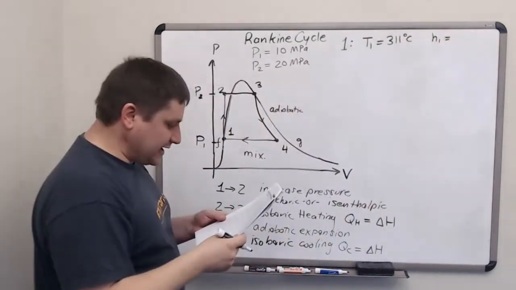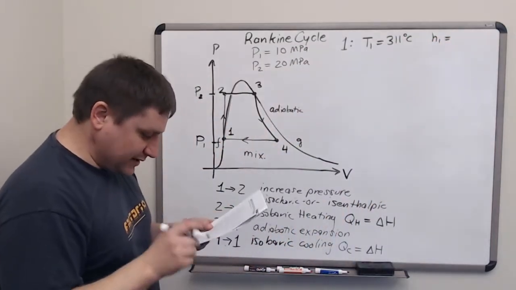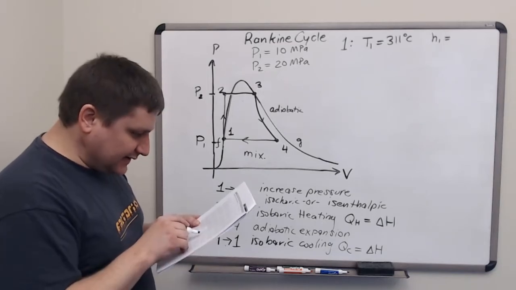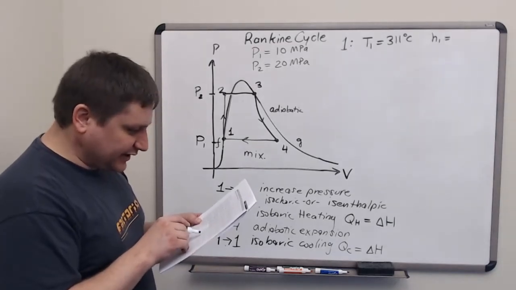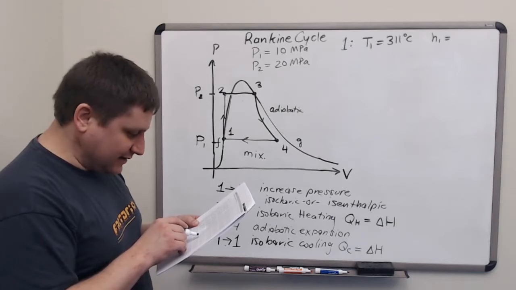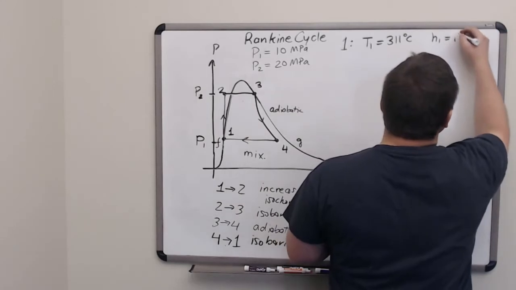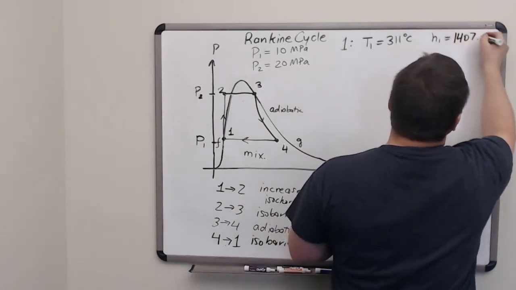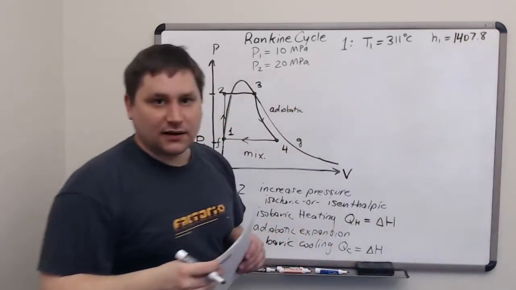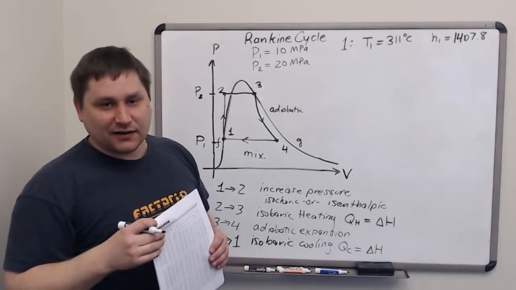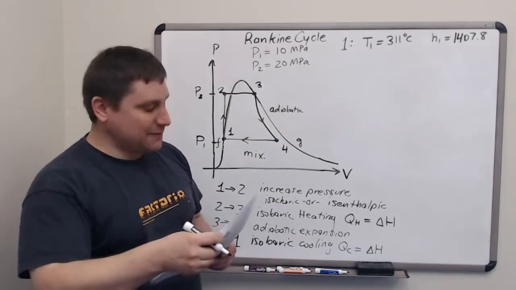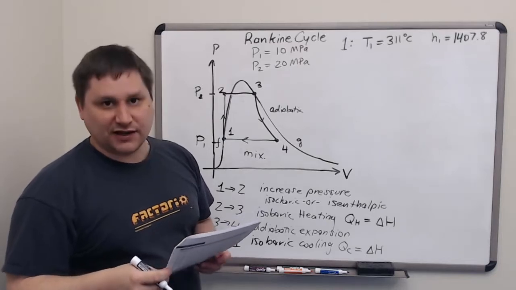The enthalpy per kilogram, which I will label as H1, is given by the h_f saturated liquid column under the enthalpy heading. The value is 1407.8. I'll save some time here by agreeing that all of my enthalpy values will be in units of kilojoules per kilogram.